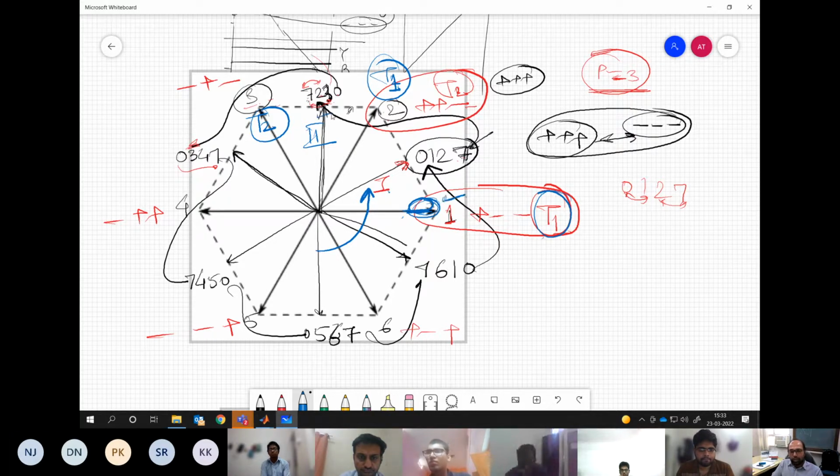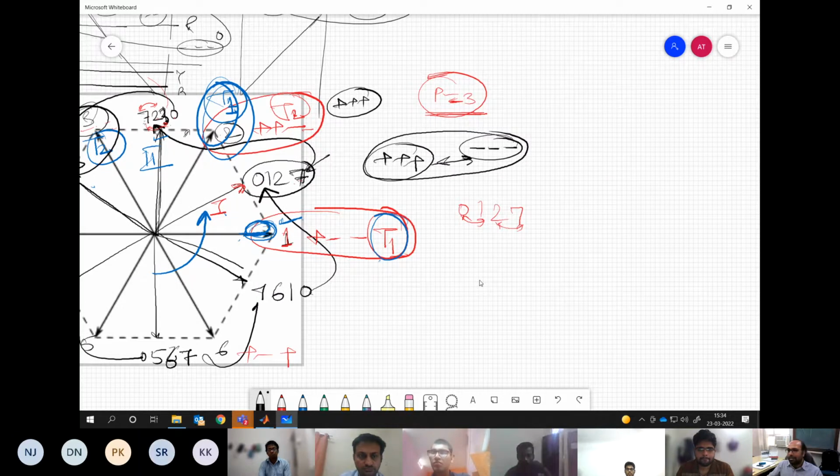If we are in sector 2, T1 is valid for 2. If we are in sector 3, T1 will be valid for 3. So it depends on which sector you are operating in. Understanding my point? Fine.